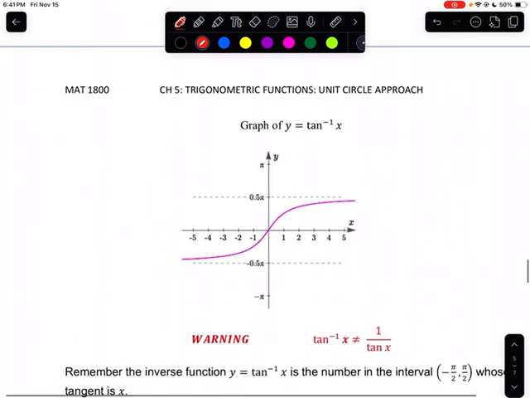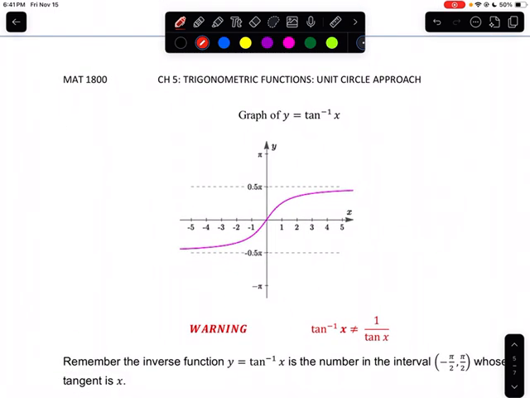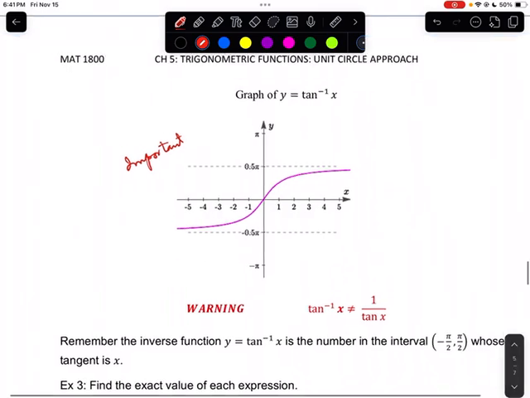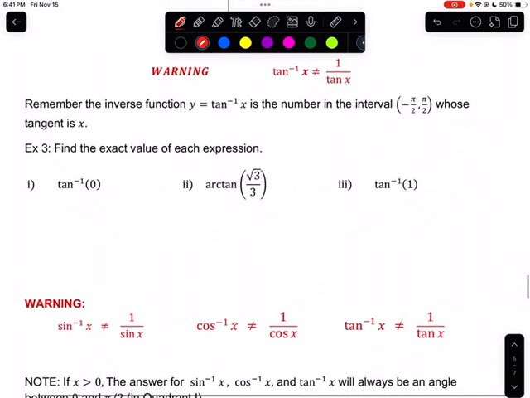So this is the graph of tangent inverse x. This is again important, especially if you are going to go to Calc 1. Just remember this graph of tangent inverse x, the usual warning, and then values.